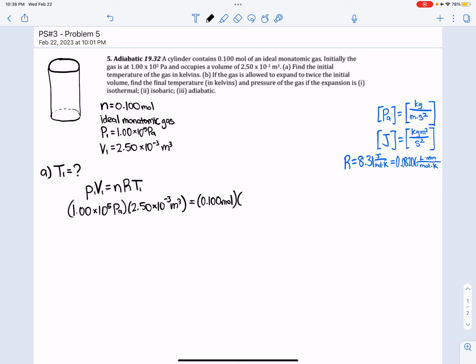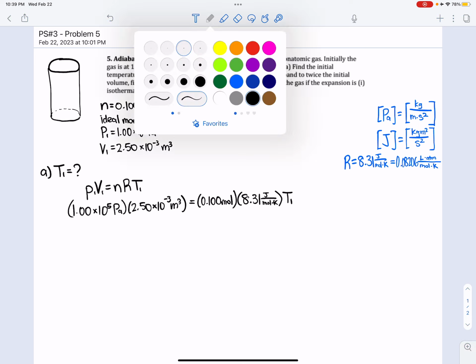So I'm going to choose 8.31 joules per mole times Kelvin. I'm looking for T1, and I have everything except T1, so I'll just do algebra and solve for T1.